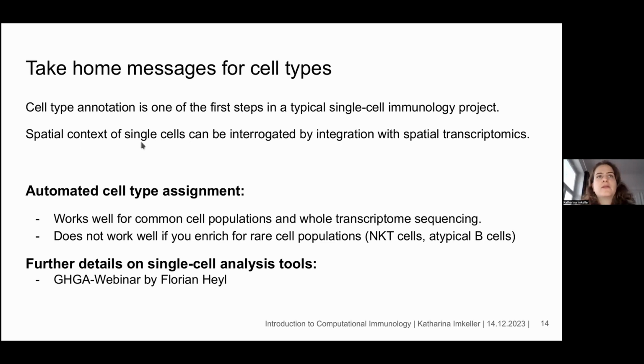The spatial context of the single cells can be interrogated by integration with spatial transcriptomic data, which is also commonly done. About the automated cell type assignment, I would like to mention that it works well for common cell populations and also whole transcriptome sequencing. It does not work so well if you enrich your study for rare cell populations which do not have good reference data sets.